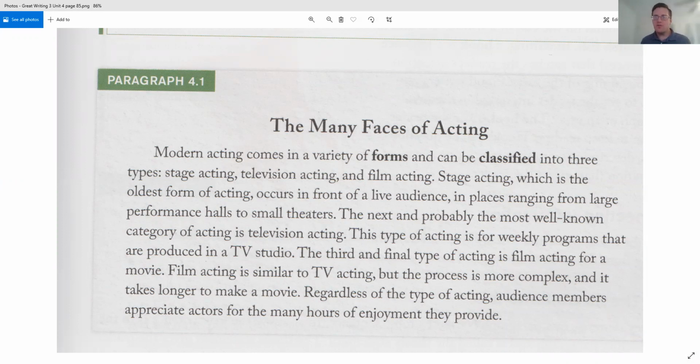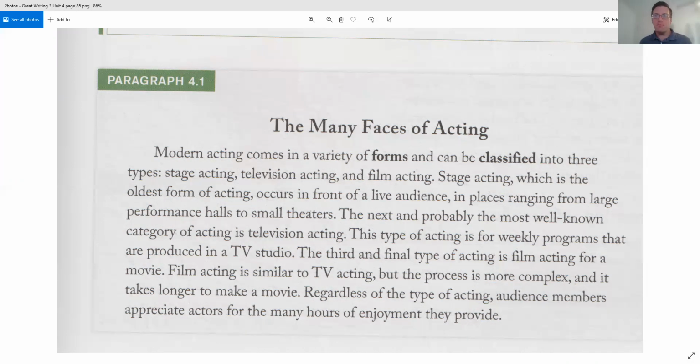We can see that our first sentence is the topic sentence. It states that modern acting comes in a variety of forms and can be classified into 3 types: stage acting, television acting, and film acting.